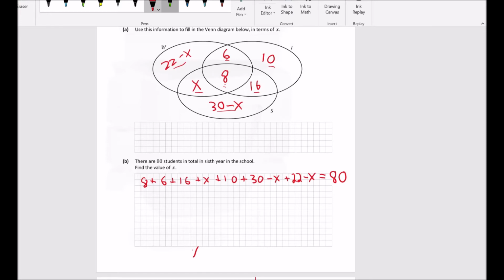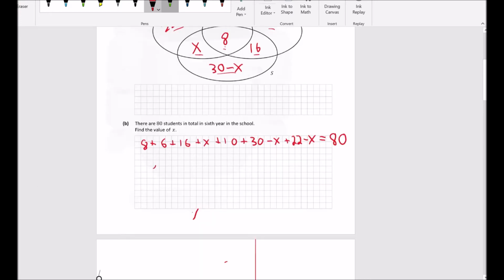I can simplify this a bit. Okay, so if we add the 8, the 6, 16, 10, 30, 40, 50, 60, 70, 80, 92, right? So 92 plus X minus X minus X equals 80.